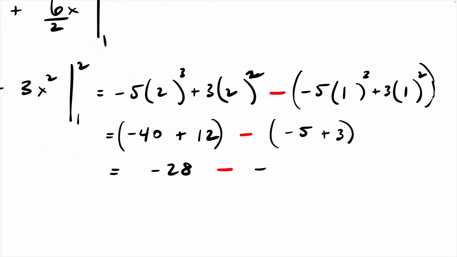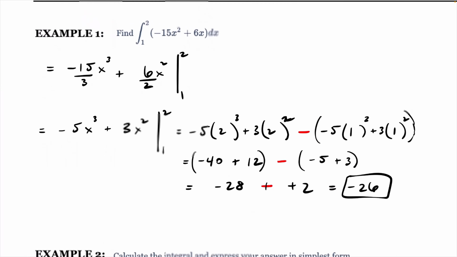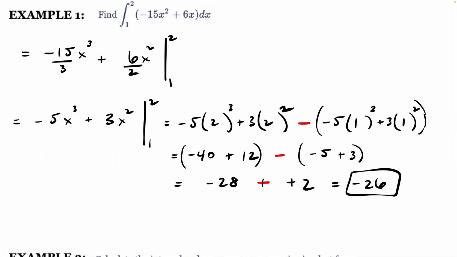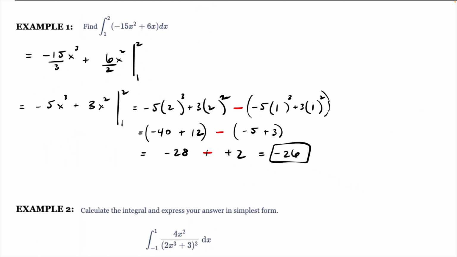So you get negative 2. Negative 28 plus a negative 2, you're going to get negative 26. And so the area under the curve from 1 to 2 for this function is negative 26. And you're done. Okay. All right. Let's do the next one.